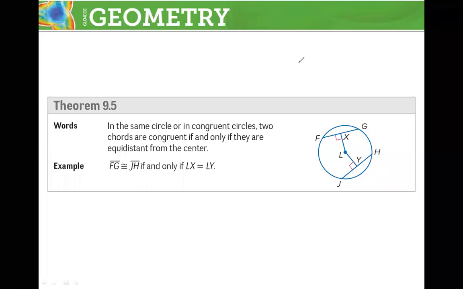FG is congruent to GH if and only if LX equals LY. So in two congruent circles or in the same circle, two chords are congruent if they are equidistant.